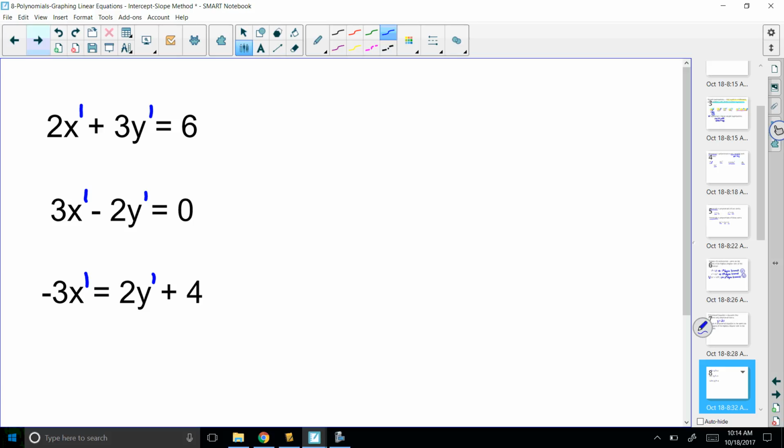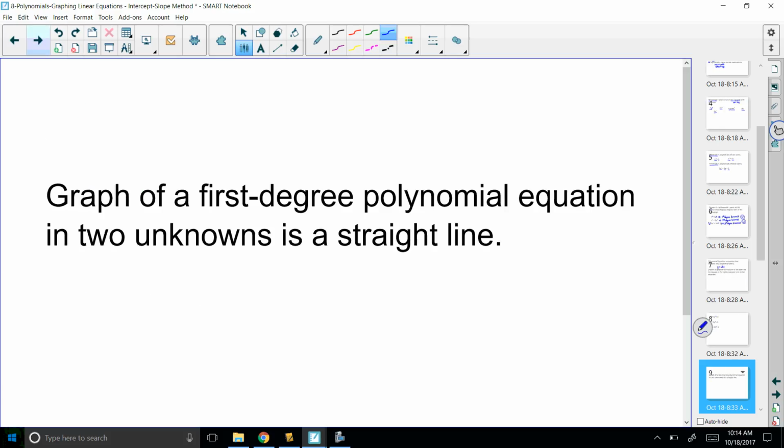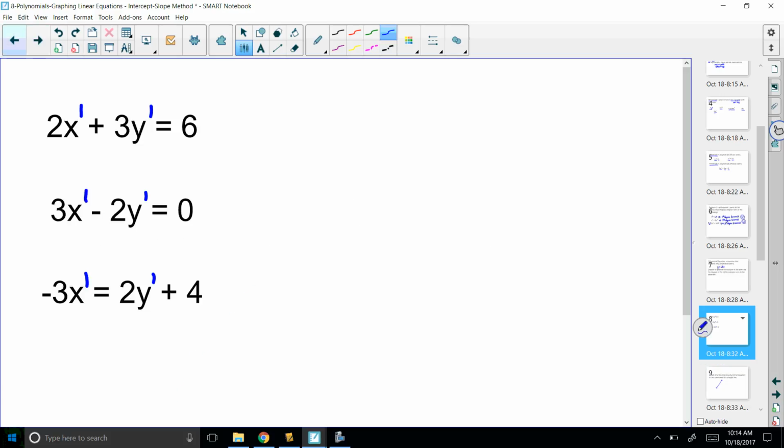And that leads us into the graph of the first degree polynomial equation. If I have two unknowns, the graph of that is going to be a straight line. So we're going to work on graphing these polynomial equations, and there are two different methods that we are going to use. If I come back to this, this gives you a line, believe it or not.